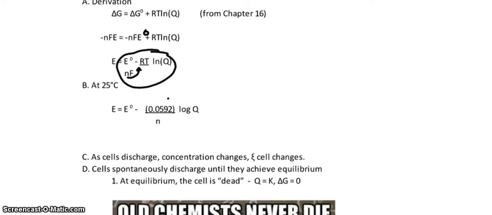Remember, that's what happened last chapter, in chapter 16, that if delta G is equal to 0, it's at equilibrium. So if you have a dead battery, that means that you have now achieved equilibrium, where you have a constant rate of reactants making products and products making reactants. That is a dead battery. You'll get no electrical energy from that.